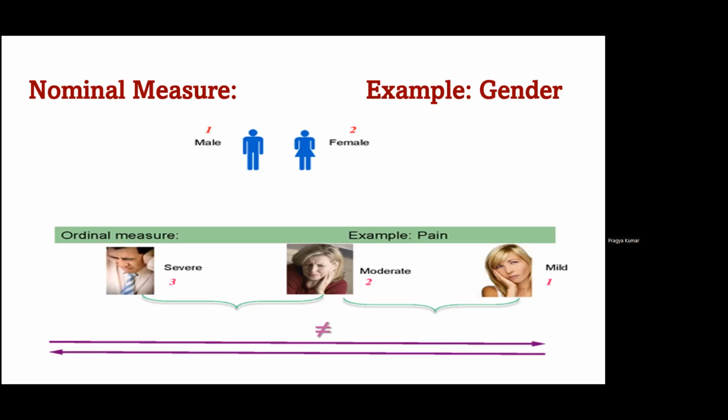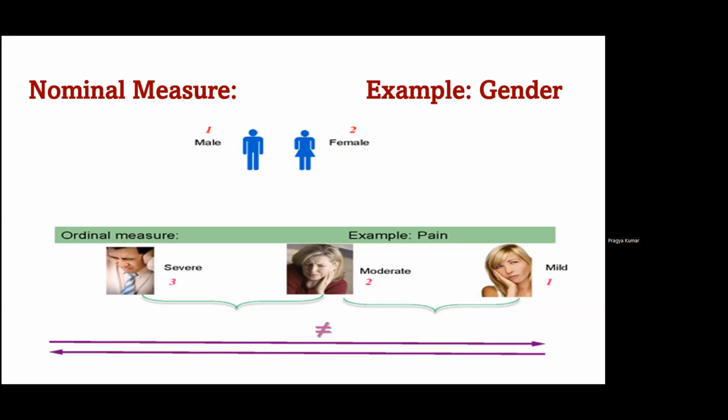So if your data has a characteristic like color of eyes, color of hair, skin color, and I'm giving 2 to a fair person and 1 to black, that does not mean that 2 is a lighter version of skin. It is just the characteristic. If I reverse the order, that is not going to change the meaning for a software. So I can do 1 for female also and 2 for male also. If you change the number, the meaning does not change. That is what we mean by a nominal measure.